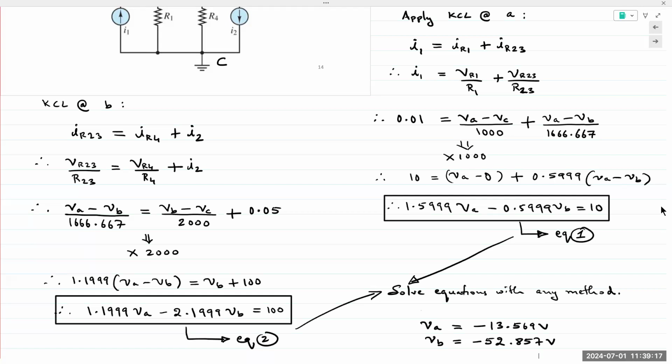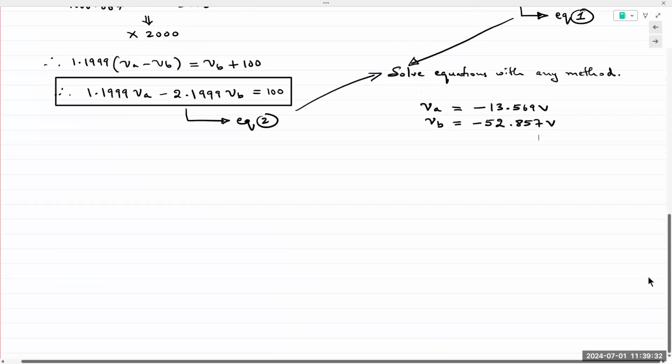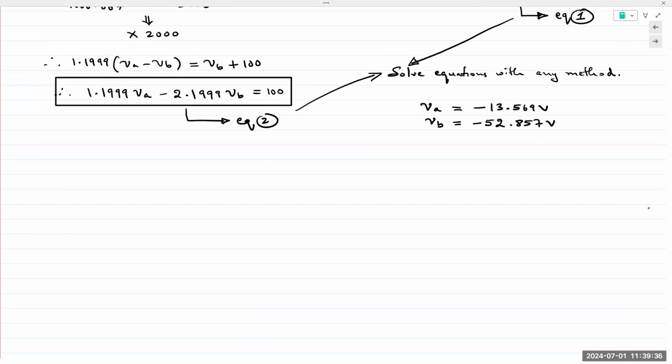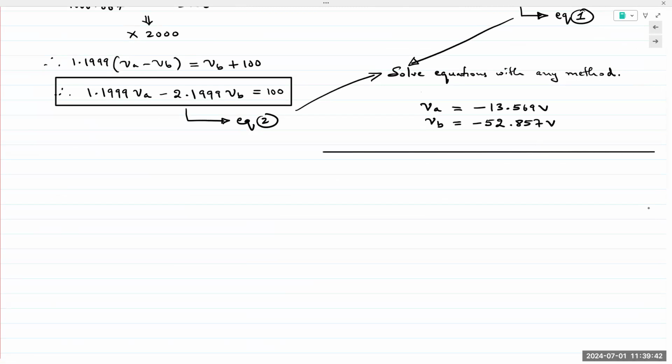No. The only thing it means is that relative to our reference node, both nodes A and B are below our reference node. If you want to plot that single dimension figure for those 3 points, C is my reference node.